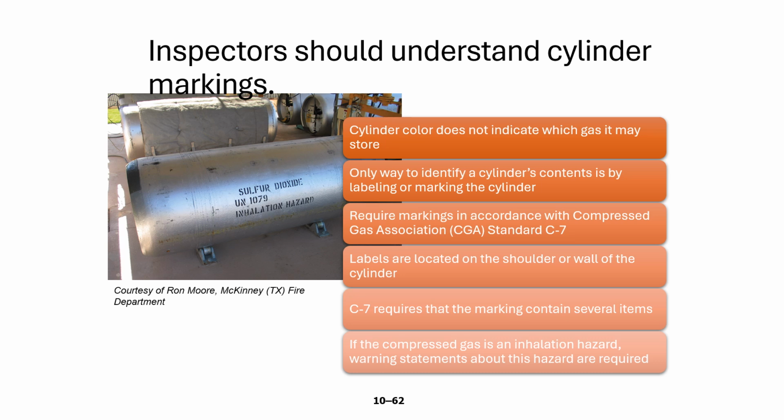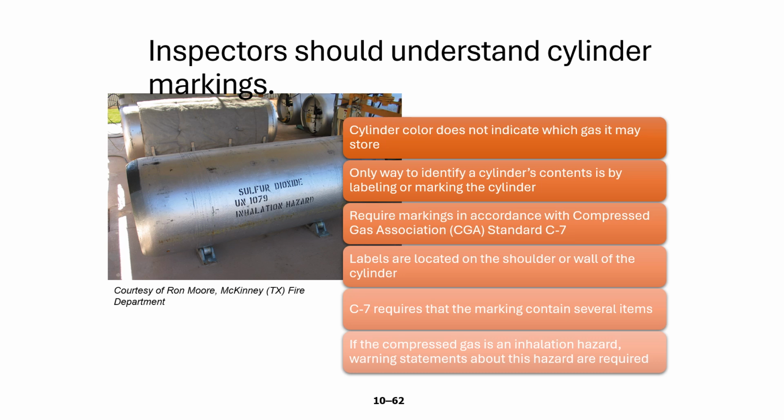Cylinders require markings in accordance with Compressed Gas Association, so CGA, Standard C-7, which is the guide to the preparation of precautionary labeling and marking of compressed gas containers. So the containers have to be marked. The CGA standard tells you how to do it.